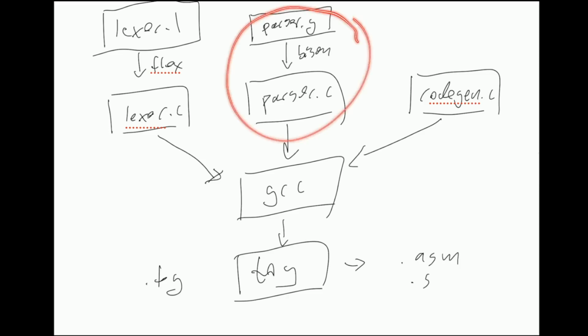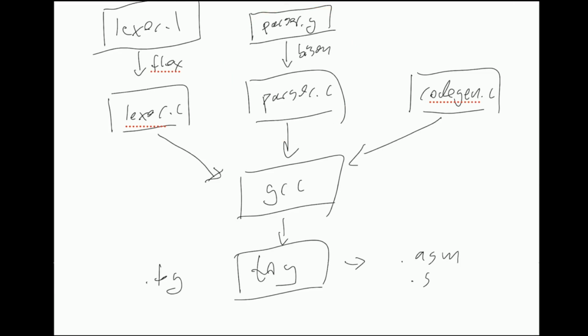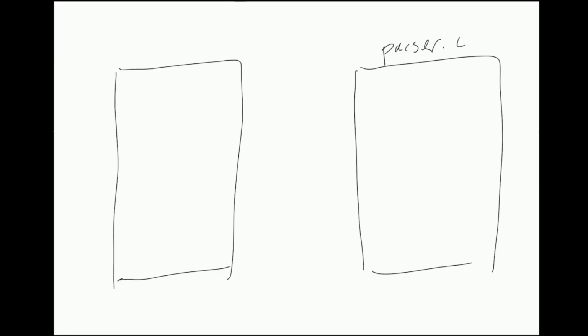How do we specify the syntax of our language? One way to think about what Bison does is that without something to generate the parser for us, we'd have to write this entire C program. A Bison file has C code embedded inside. It's like a complete C program with a main method or with a parse method.